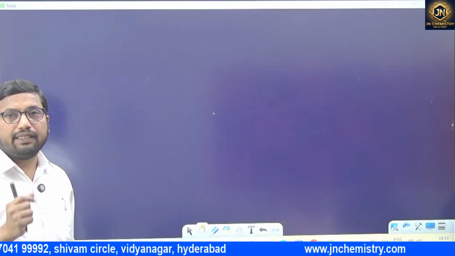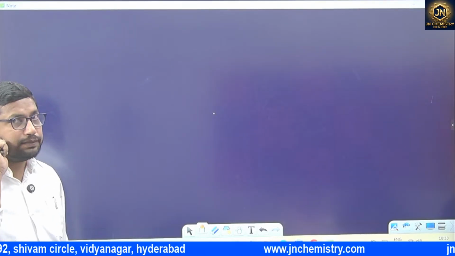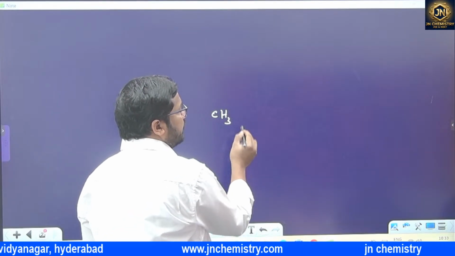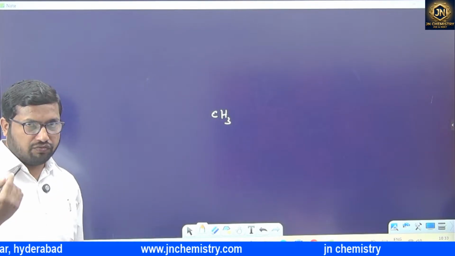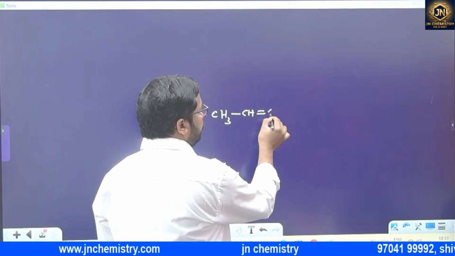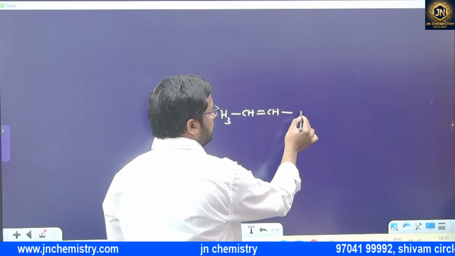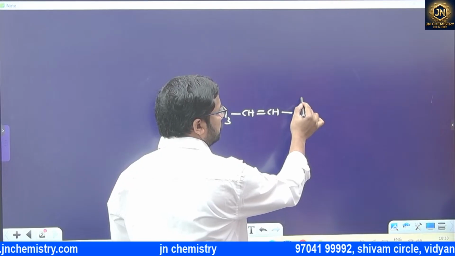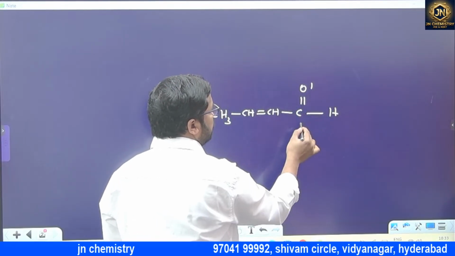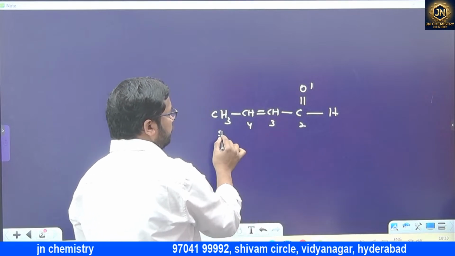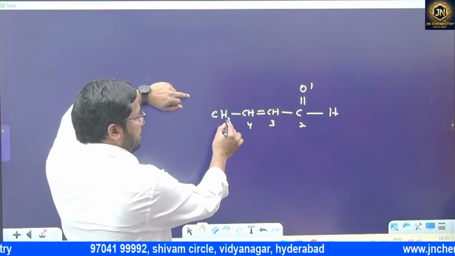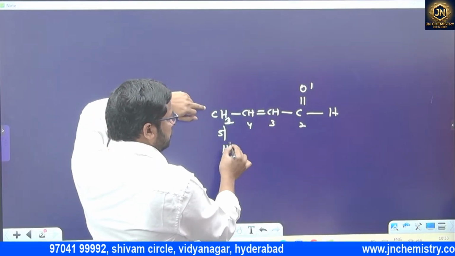In space tautomerism, what exactly did I tell you? 1,5, 1,7, 1,9 like that. For example, CH3-CH=CH-CH=O with hydrogen, positions 1, 2, 3, 4, fifth position. What happens here?